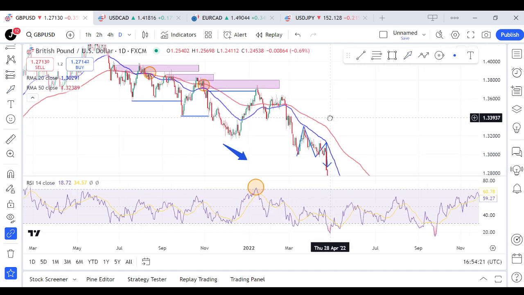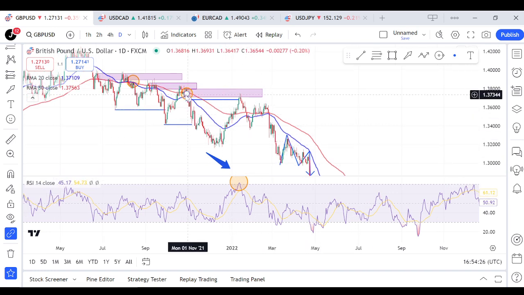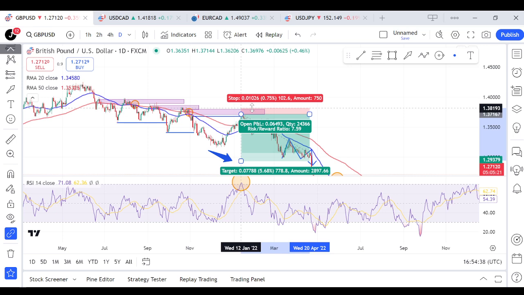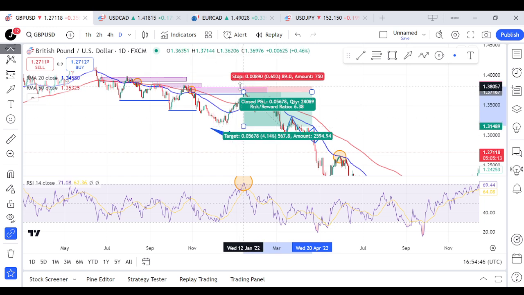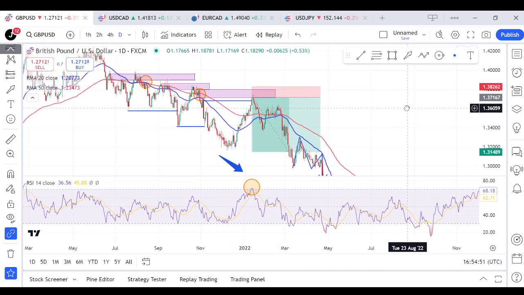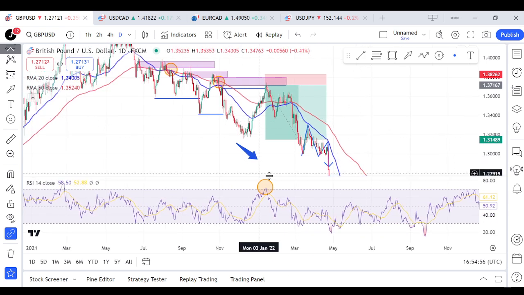And you can see this corresponds with price tapping into this resistance level, and that was how we would have been able to enter a short position from that zone with our confirmation, the RSI and the rolling moving average, to take profit around the swing low and stop loss above the high of our resistance zone. That's how I would have been able to catch this selling trade using the RSI confirmation.